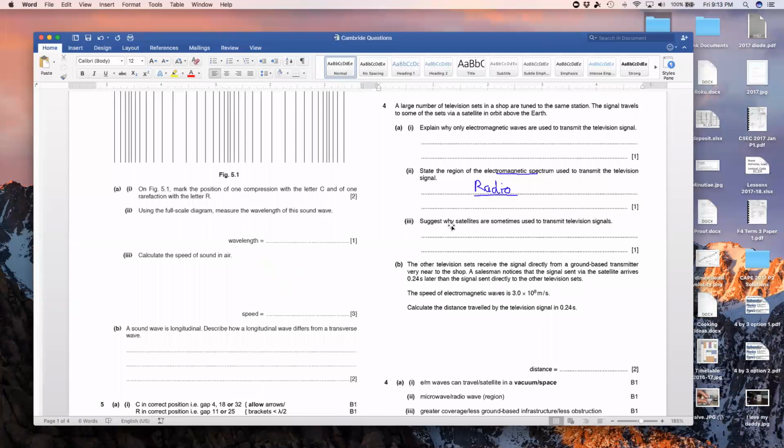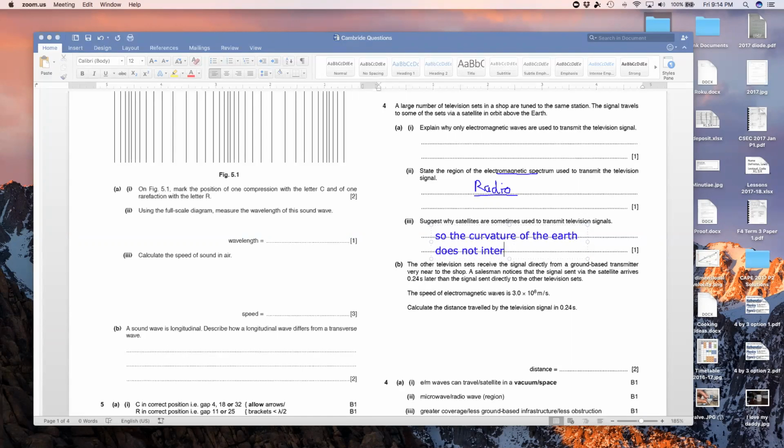So, why satellites are sometimes used to transmit television signals. The main answer to that is so that the curvature of the Earth does not interrupt the line of sight.